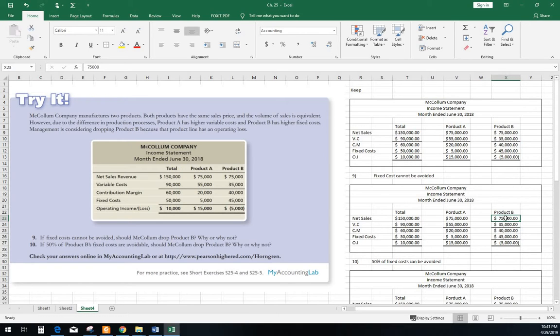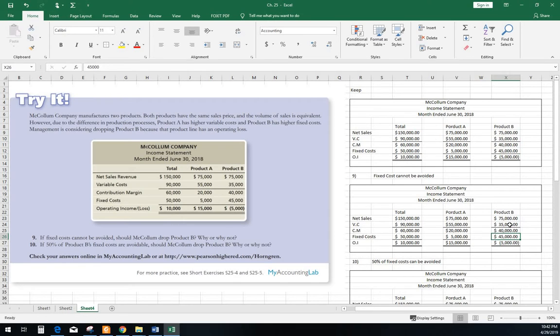So it says, if fixed costs cannot be avoided, should they drop product B? Okay, so that means these fixed costs here cannot be avoided regardless if we drop the product. So if we drop the product, these fixed costs are going to continue to be here. Either they'll move over to product A, they'll be spread out to other products that they produce, but the $45,000 will still be there.